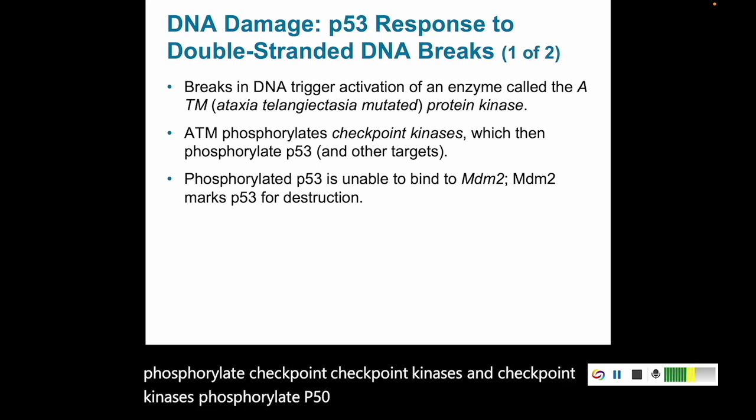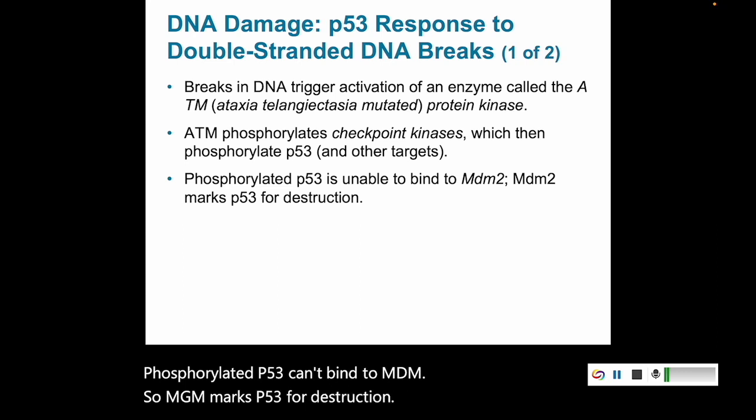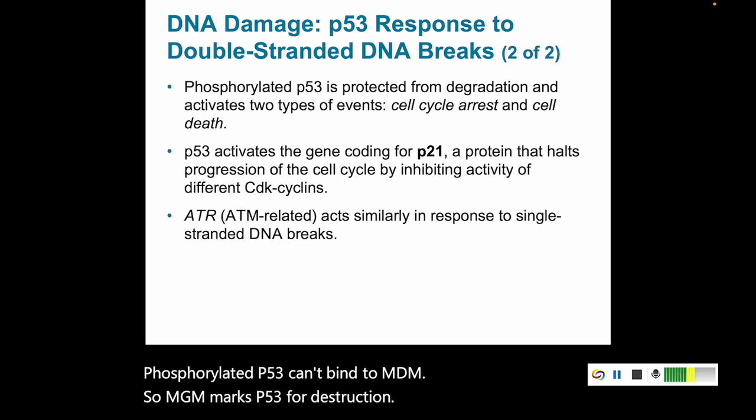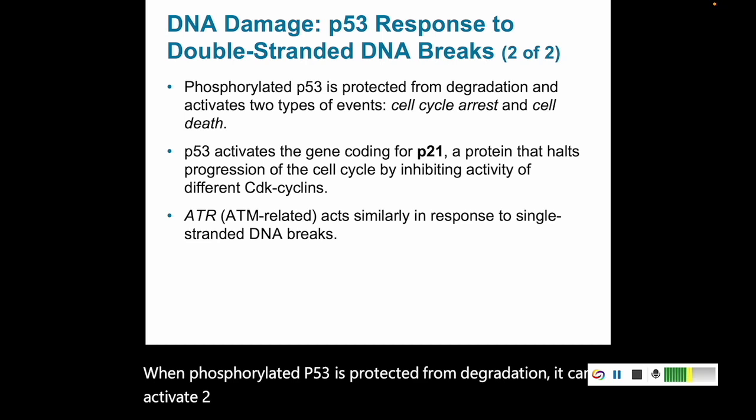Phosphorylated P53 can't bind to MDM, so MDM can't mark P53 for destruction. When phosphorylated P53 is protected from degradation, it can activate two events. One is arresting the cell cycle, and one is cell death.